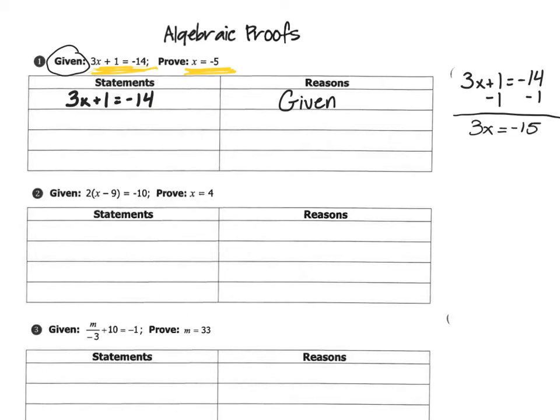Now, this right here, your answer, becomes your next step. So your next step is this. And what did we do to get to that step? Subtract. Good. So it's going to be the subtraction property.